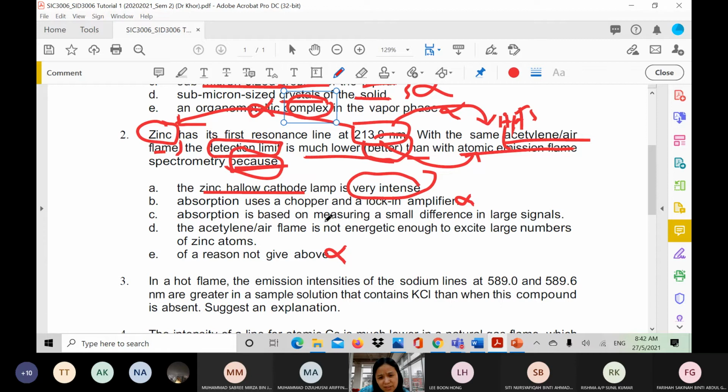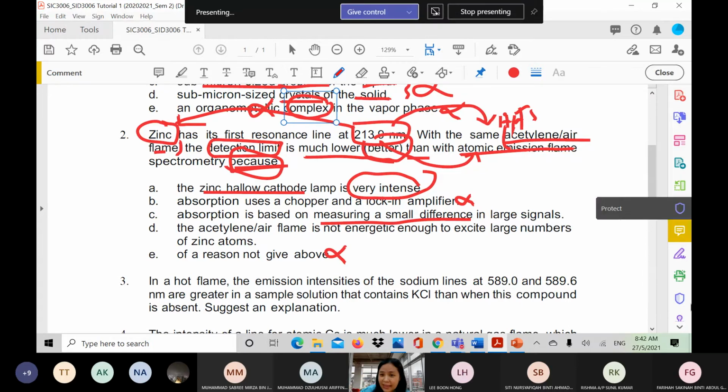Okay, so measuring a small difference. We know that if there is a small change in concentration, then it gives us a big change in the signal. The signal, for AAS is the absorption signal, for AES is the emission signal, right? So that is related to sensitivity. So this answer C is not answering question number 2 at all.